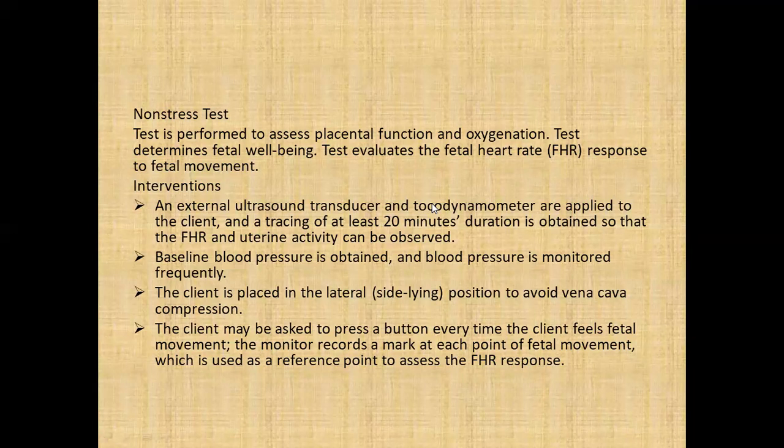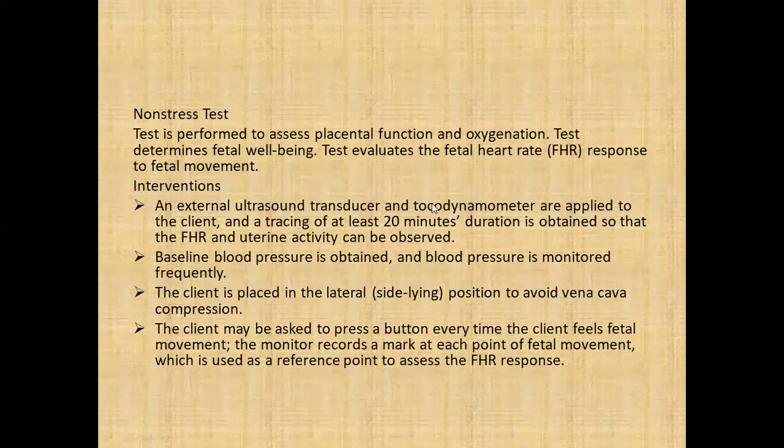The reason why it is non-stress is that the fetus will not be allowed to undergo any stress. It is just the normal fetal movement, fetal activity that we are going to monitor in response to fetal heart rate. When we talk about the contraction stress test, you understand that you are going to cause the fetus to undergo a certain form of stress.